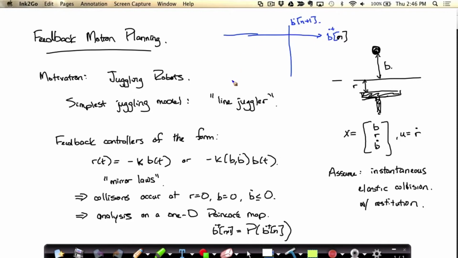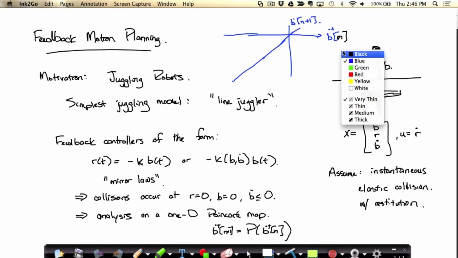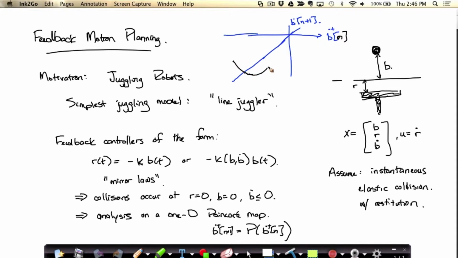So I'm in the negative quadrant now, okay? But it turns out you get these beautiful Poincare maps. They always, with the mirror law, go through the origin. And I'll get an unstable fixed point at the origin. But you can get these globally stable, except for that measure 0 set, fixed points that will stabilize a constant juggling height.